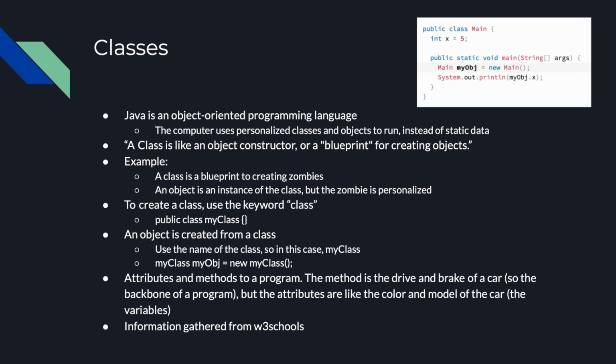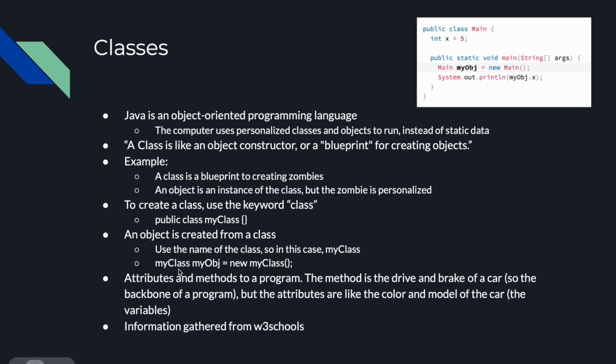In order to create a class, you must use the keyword class. As you can see at the top, it says public class Main. That is the keyword class in order to create a class. An object is created from a class, and in order to create an object, you have to use the name of the class. Here you'll see Main, public class Main, and then you'll set it.